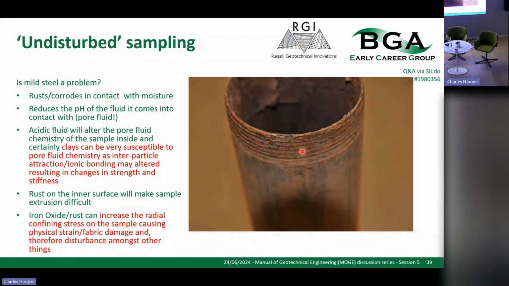The problem with this as well, the sample physically rusting or corroding to the inside of the tube, means that we actually can't get it out of the tube. I have broken 3 extruders trying to get samples out of mild steel UT100 tubes.